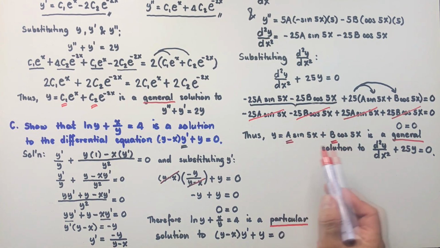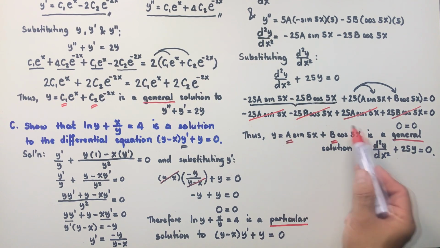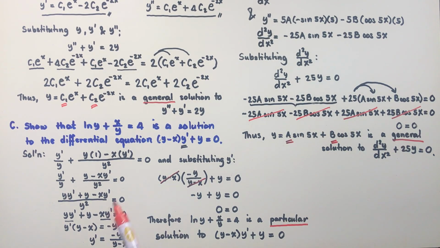So these are arbitrary constants in our solution to the given differential equation. That is why these are called general solutions. However, this one has no arbitrary constants. So therefore, this is called a particular solution to the given differential equation.